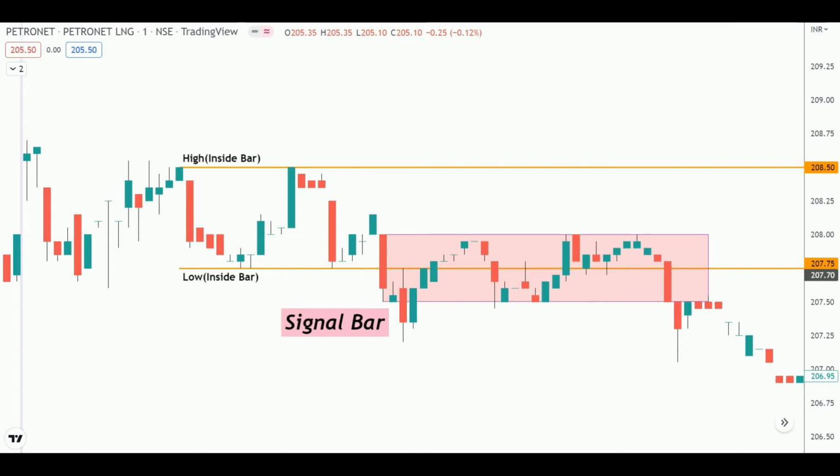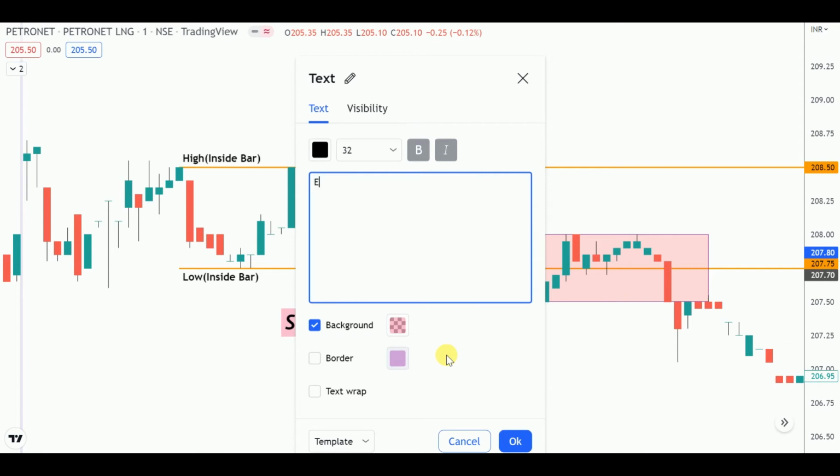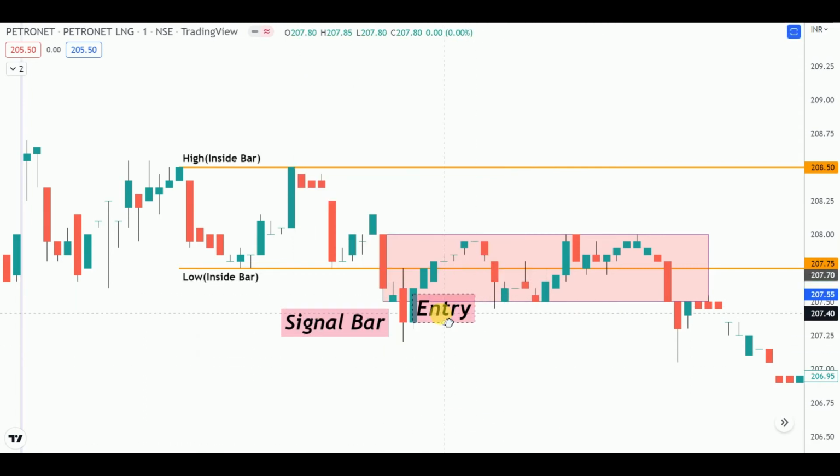So our entry will be triggered once the low of this signal candle is broken for the short side.